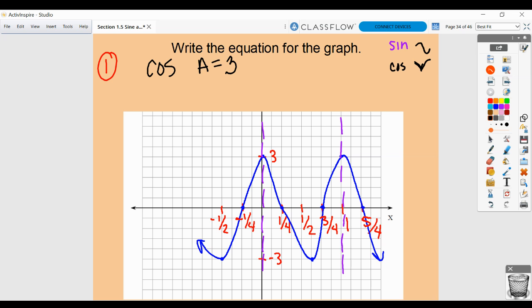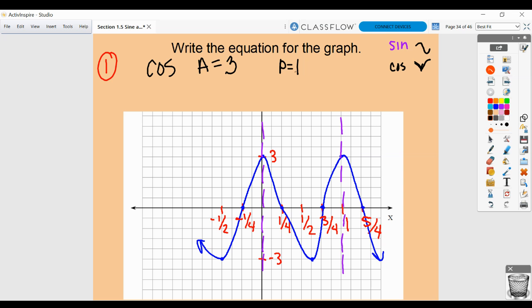Next thing you need to figure out is your period. So whenever you look at the graph, you go to see where it's repeating. This number right here is the period. So your period is 1. But in the equation, you don't have your period. You have the b value.